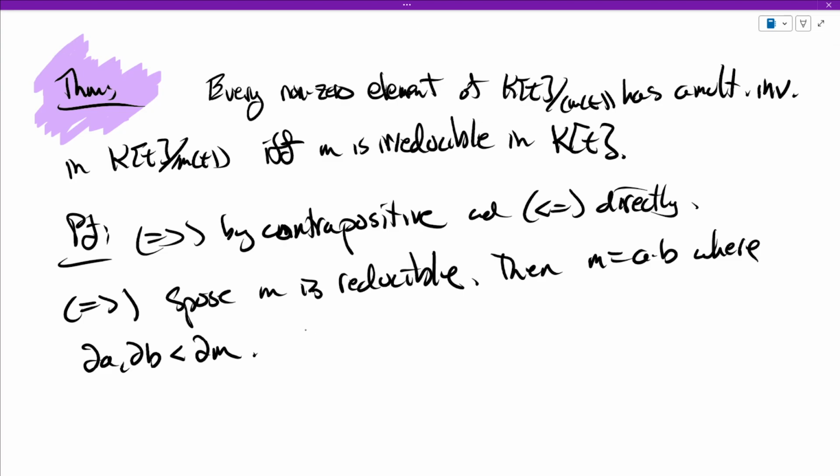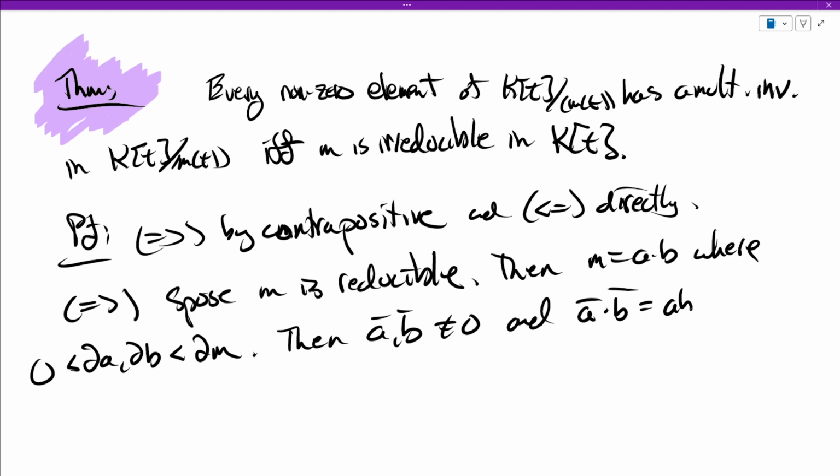All right, well, what must be true? And they're, of course, bigger than 0. Then A and B, I'll indicate what they look like in the quotient, are both non-zero, because the only way that they could be 0 is if they were multiples of M, but they're not. They're of degree strictly less than M. Okay, so they're non-zero, and A bar times B bar is AB bar is M bar is 0.